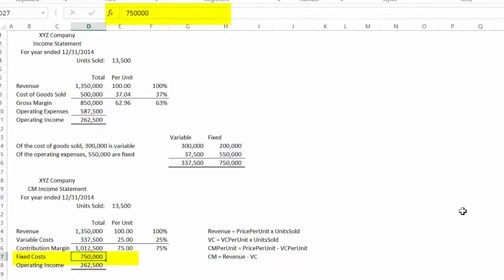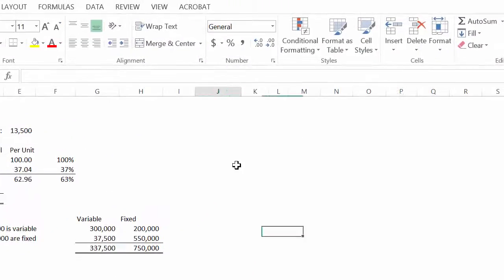Now, fixed costs are just fixed. There is no formula. If you look up there at the formula bar, it's just $750,000 because that's not going to change with volume, even though it came partially from our cost of goods sold and partially from our operating expenses. It's not going to change with the volume sold. So let's go over here and look a little bit at what we have.